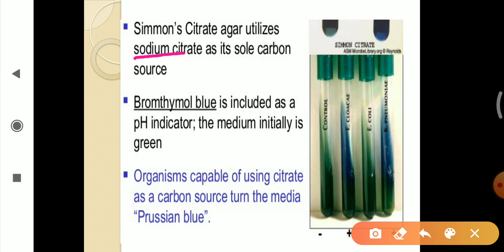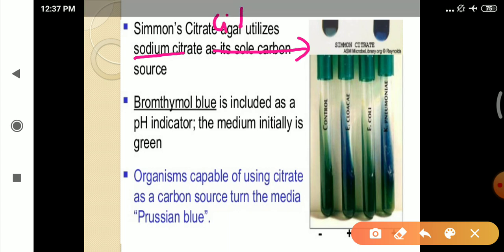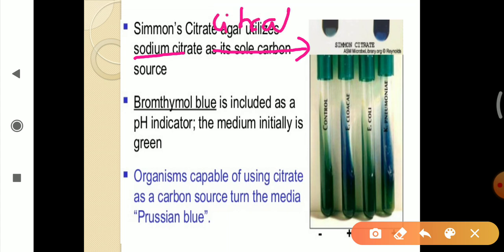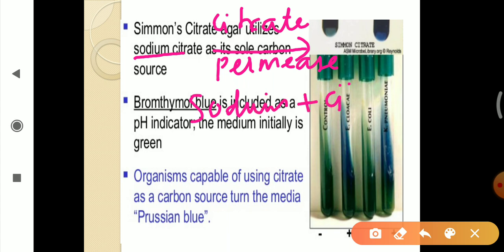Now, if the organism has the citrate permease enzyme, that enzyme will convert the sodium citrate into sodium plus citrate. Now this citrate will come inside the cell.